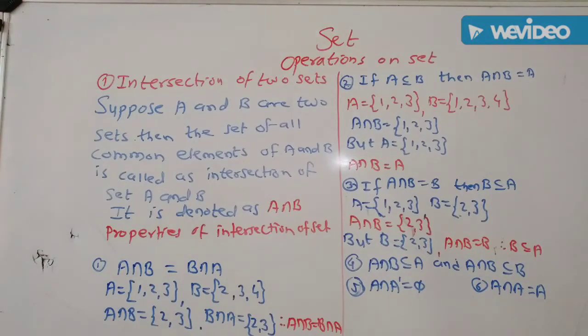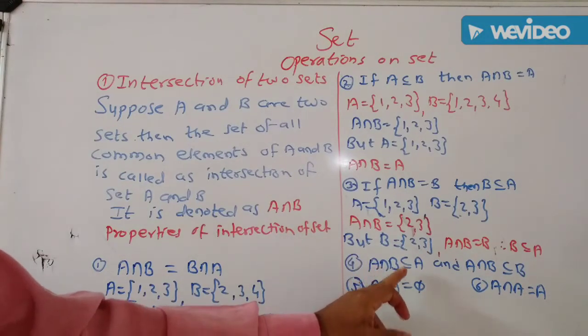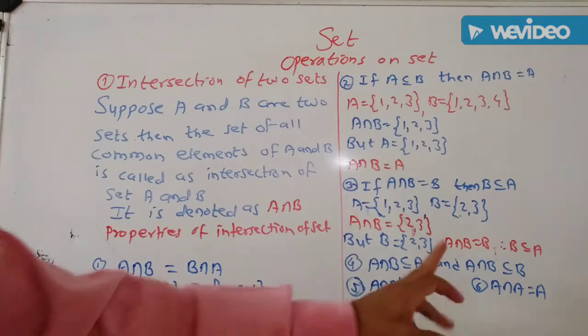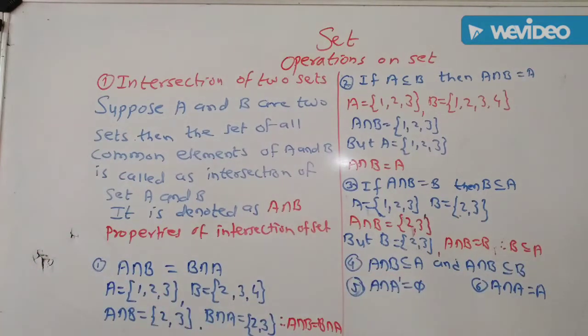Then the fourth property is that A intersection B is always a subset of A, and A intersection B is also always a subset of B. Here we take set A as {1, 2, 3} and set B as {2, 3, 4}. Then A intersection B is {2, 3}.